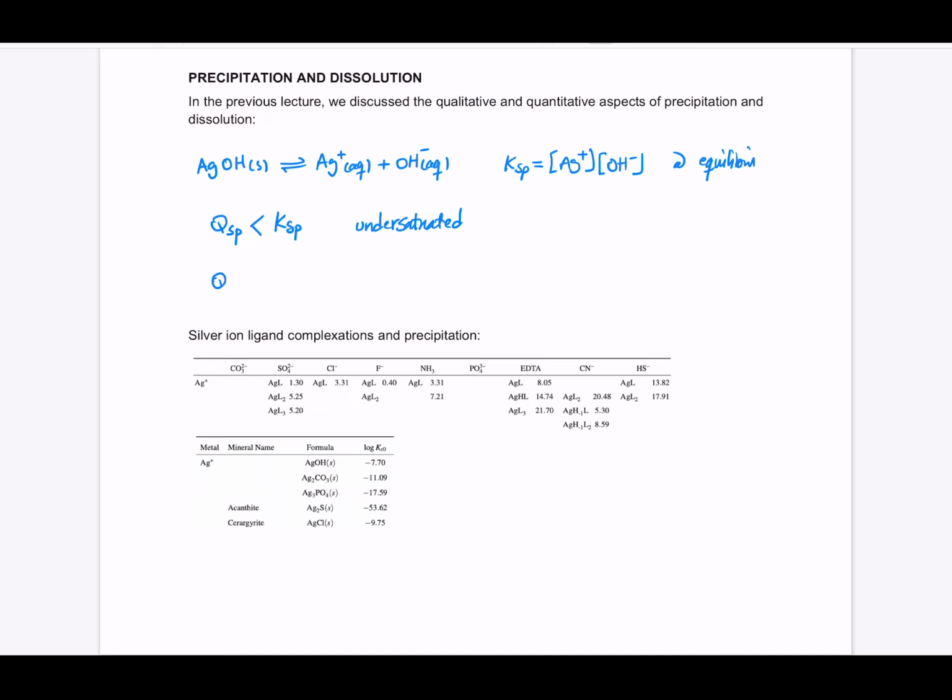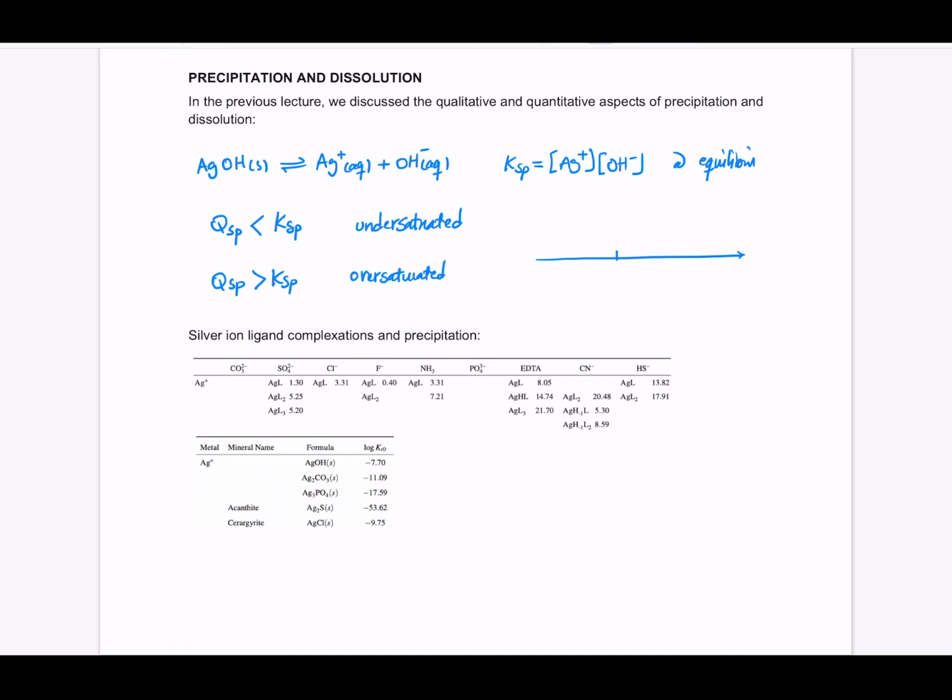But if QSP is bigger than KSP, then we are oversaturated and we see precipitation.